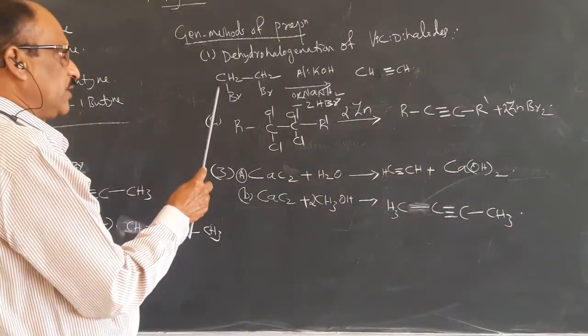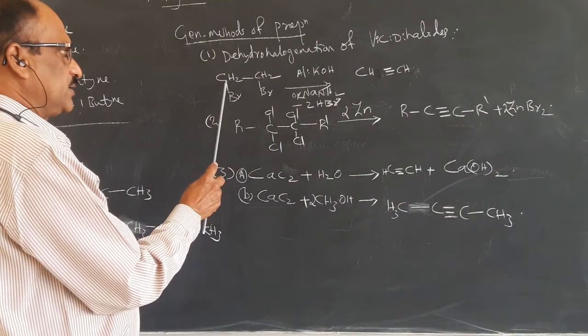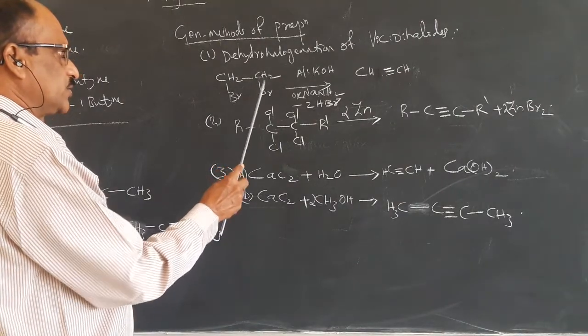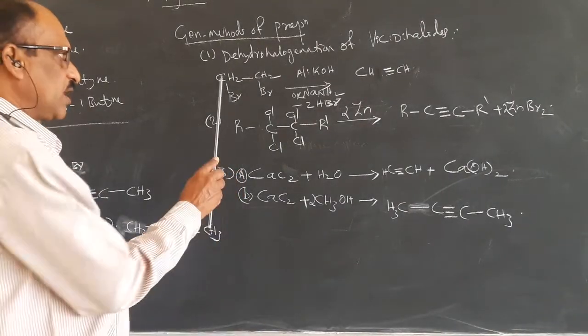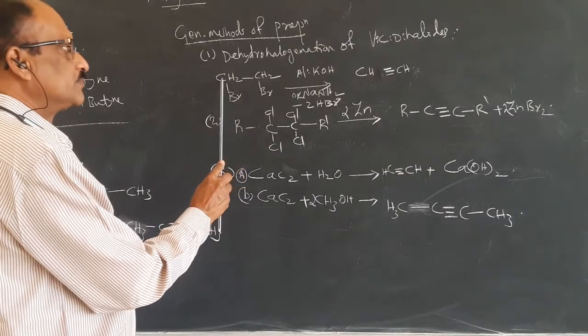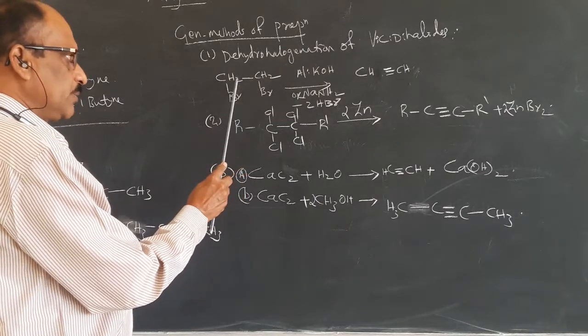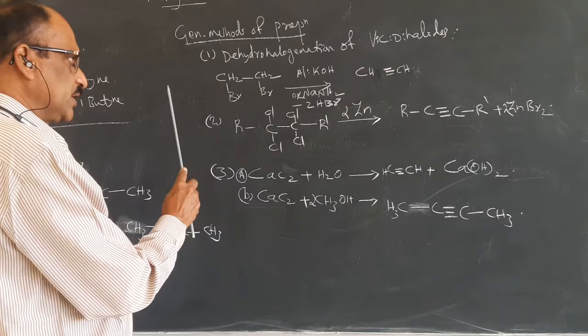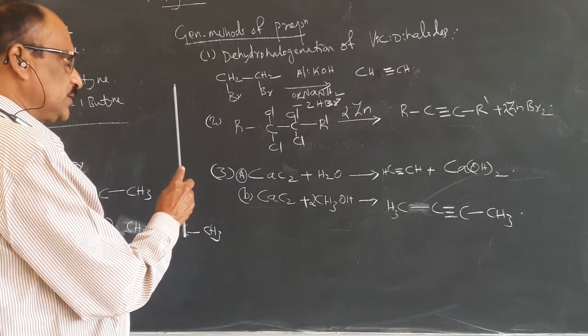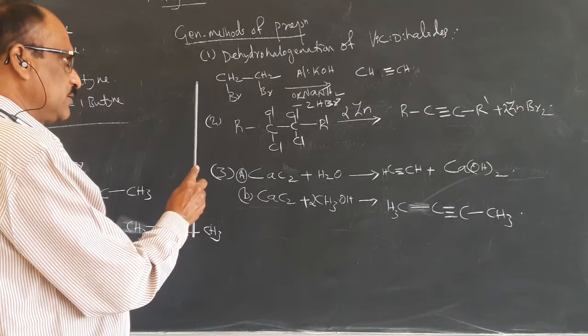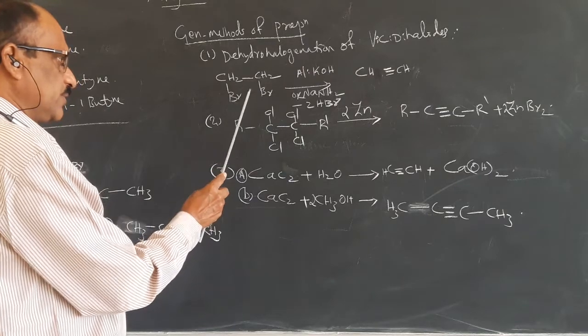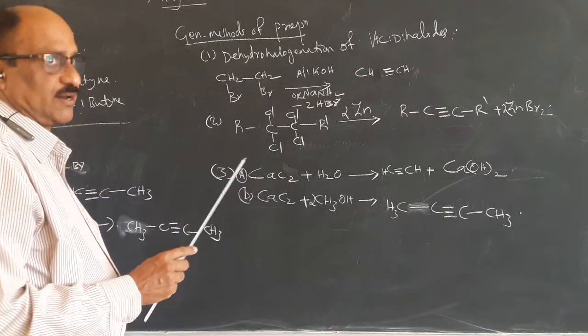You can see one vicinal dihalide, CH2Br, CH2Br. Vicinal means nearby carbon. Suppose if one carbon atom has a group and another carbon has a group on the same carbon, that is known as geminal.